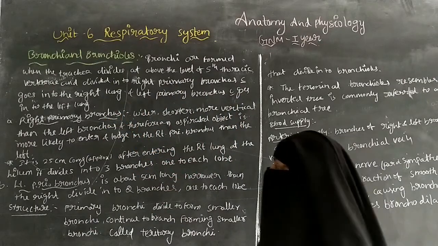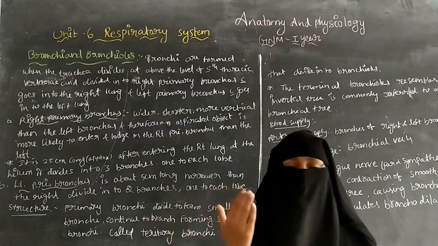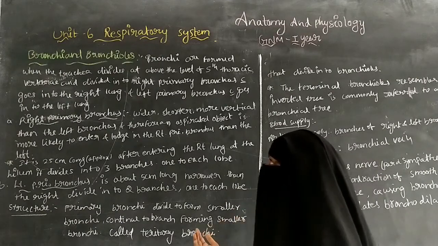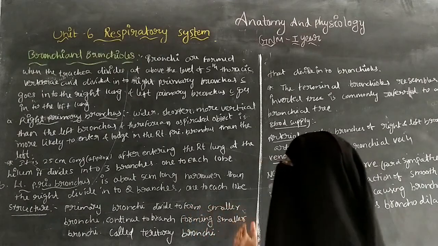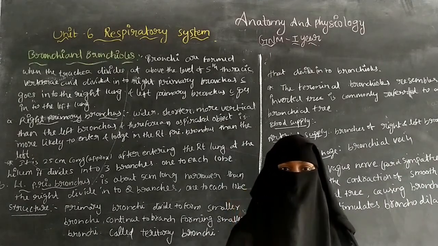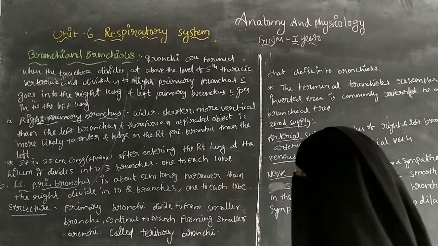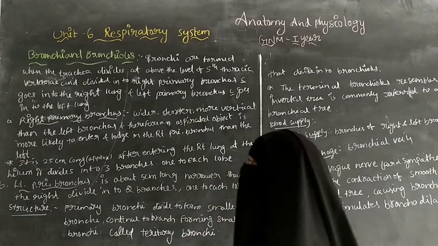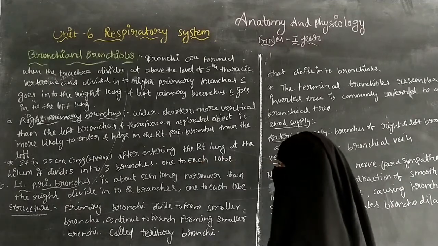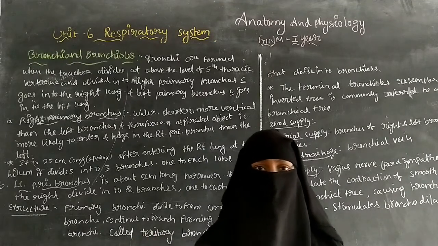So the bronchi and bronchioles are located below the trachea. The trachea divides into the bronchi at the level of the 5th thoracic vertebra, into the right primary bronchus and the left primary bronchus.